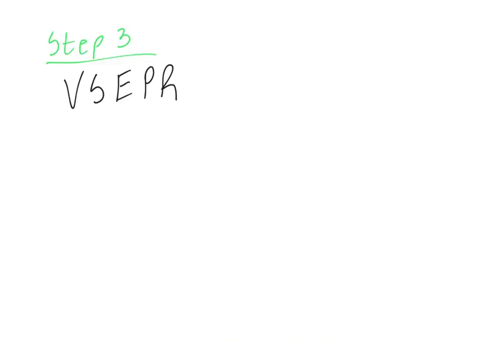So the VSEPR would simply look as such. You have 2 lone pairs on xenon, and then you would draw the line and make sure it's linear, with a straight edge.